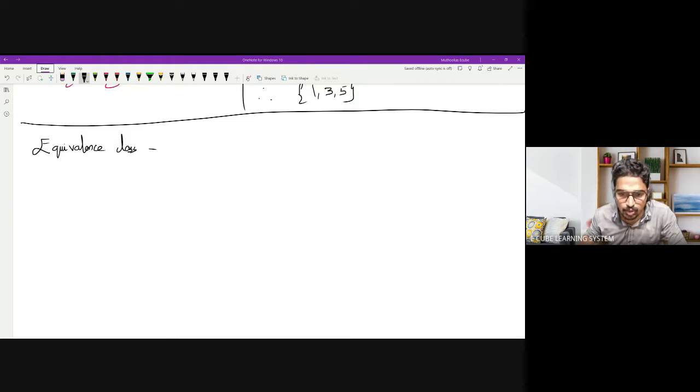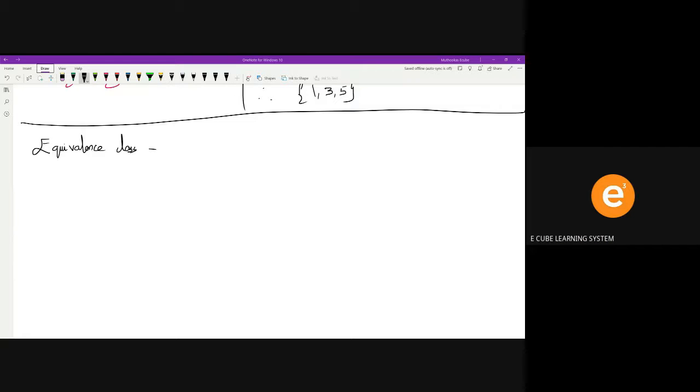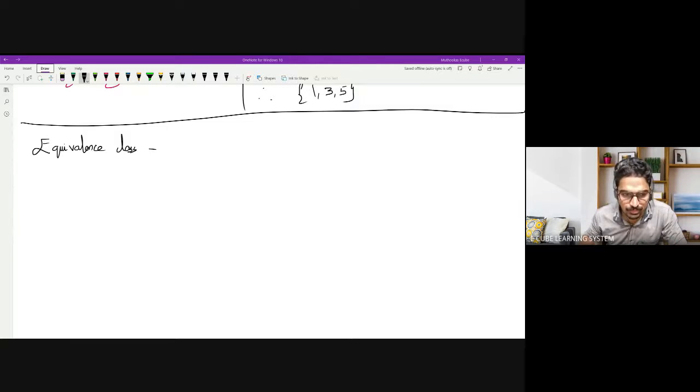The equivalence class of an element in a relation is the set of all elements related to that particular element. It means only this one.